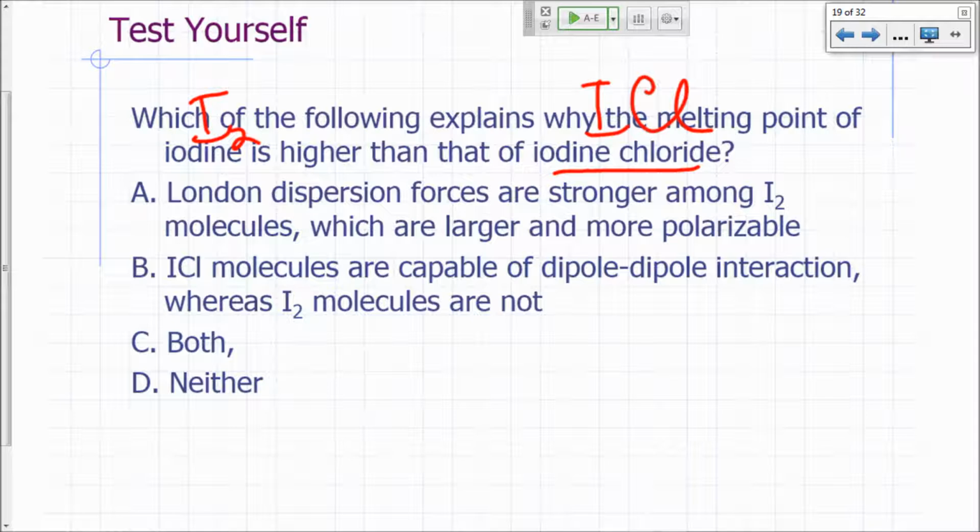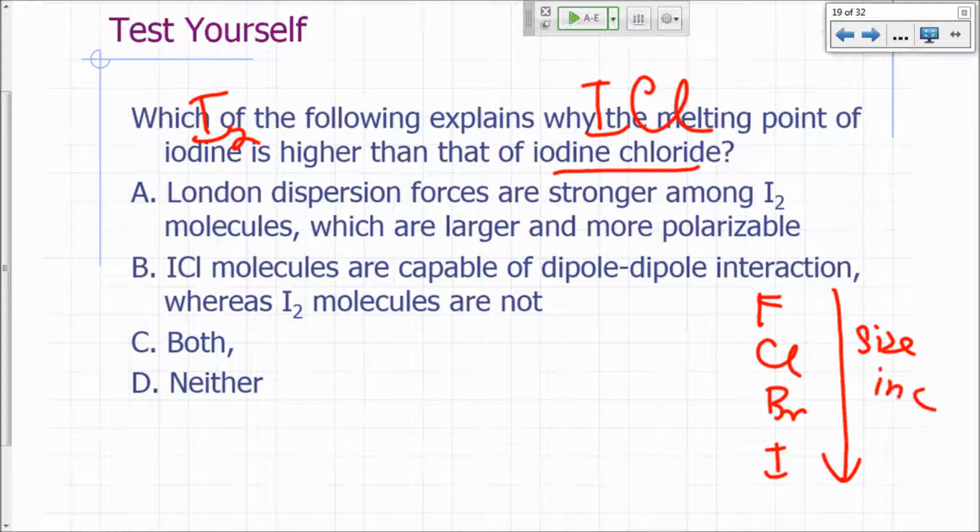C, both, or D, neither. Think about it. Where would you find iodine and chlorine in your periodic table? Fluorine, chlorine, bromine, iodine. So what's the trend in size going down? Size increases. So which one's larger, I2 or ICl?